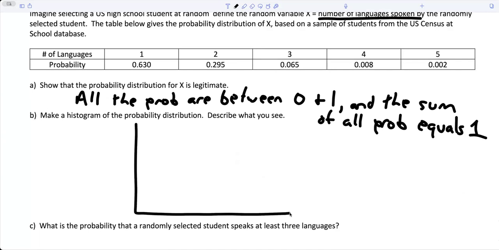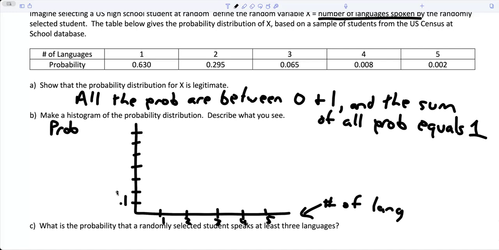So I'm going to put the number of languages here on the x-axis. 1, 2, 3, 4, 5. I'm going to label it. This is number of languages. On the y-axis, I'm going to put the respective probabilities. 0.1, 0.2, 0.3, up to 0.7.